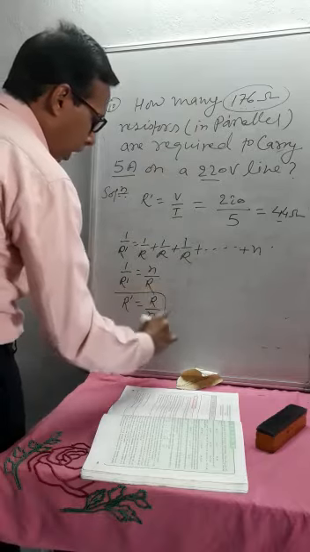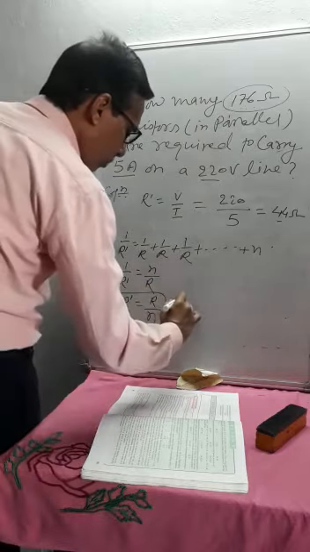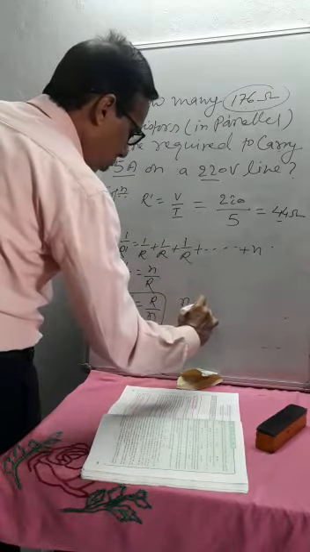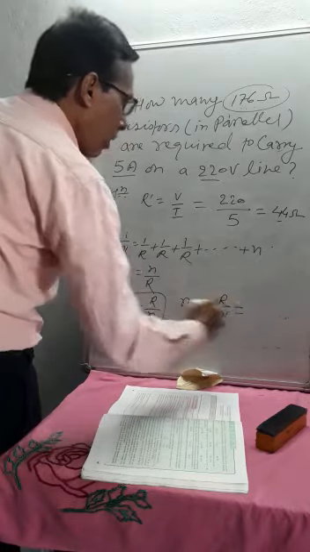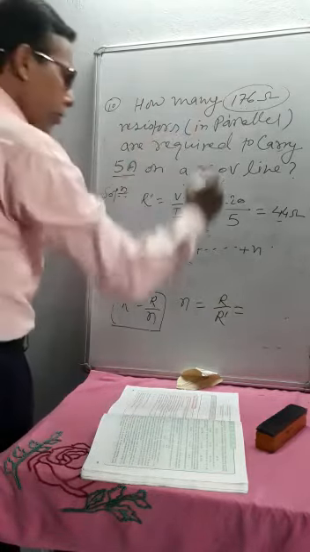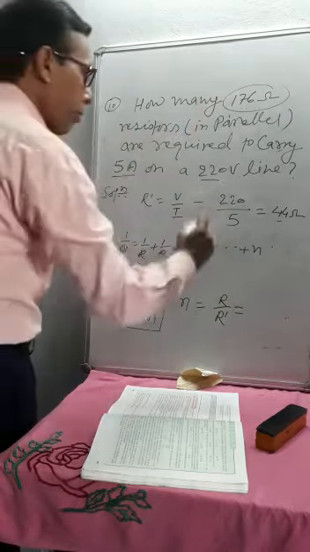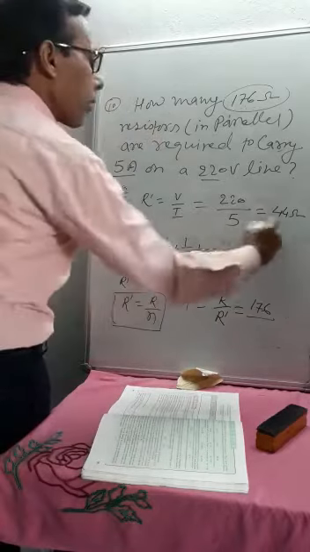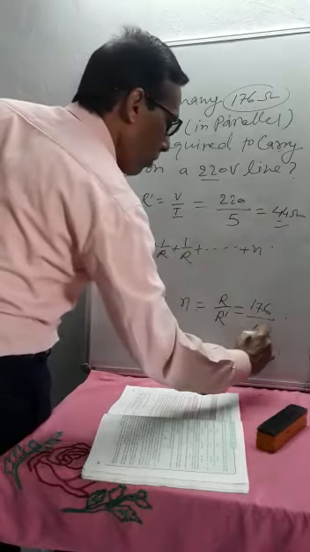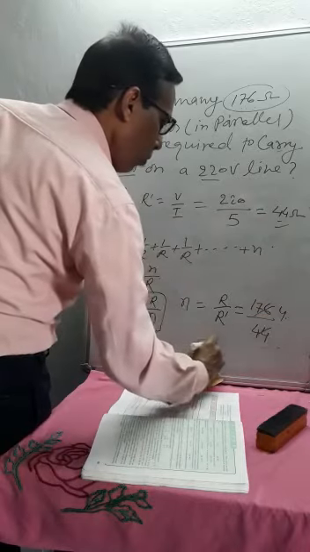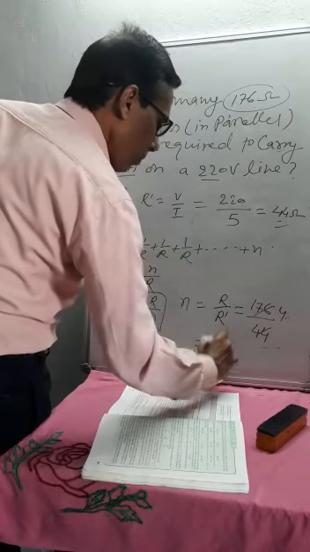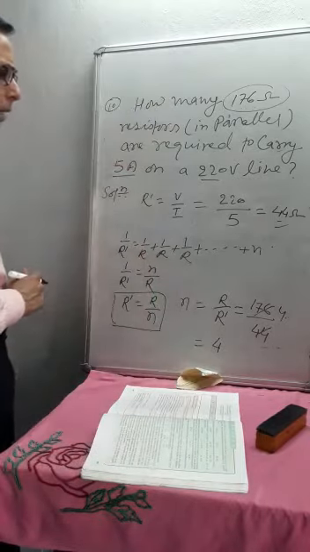So this formula reduces to n is equal to R by R dash. Here R is 176 and R dash is 44. So n is equal to 4. What does it mean?